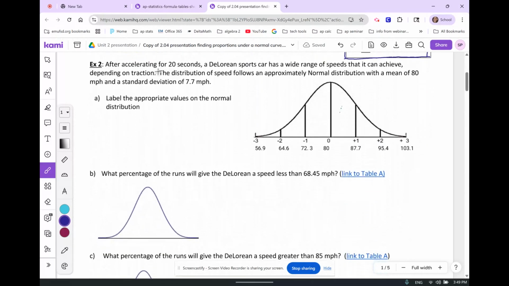Let's go to example 2. After accelerating for 20 seconds, the DeLorean sports car, that's from Back to the Future, has a wide range of speeds that it can achieve depending on traction. The distribution of speeds follows an approximately normal distribution, so that's really important. You have to know that your data follows this normal distribution with a mean of 80 and a standard deviation of 7.7.